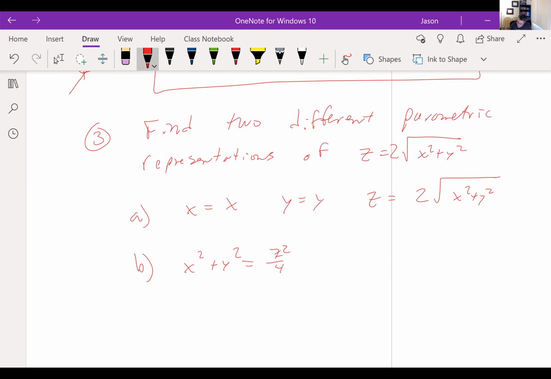We could have r in terms of x and y, or we could have r in terms of r and theta. Okay, r being the vector valued function r, not r for radius, but r for the vector valued function. So r in terms of r and theta, different r's here, is equal to r cosine theta i plus r sine theta j plus 2r k.